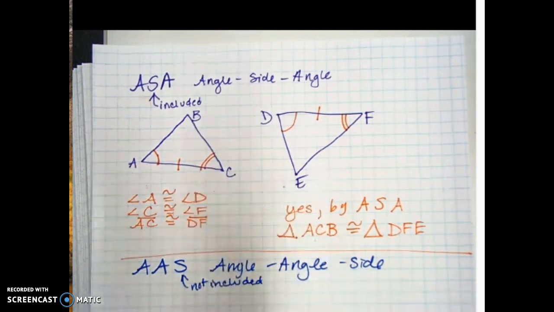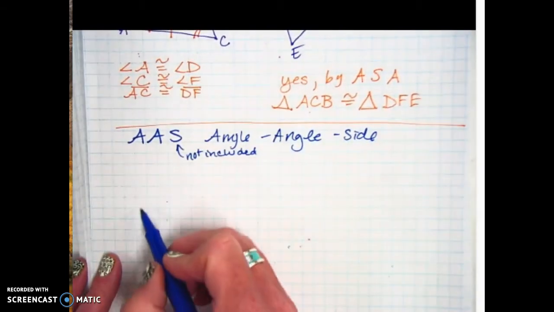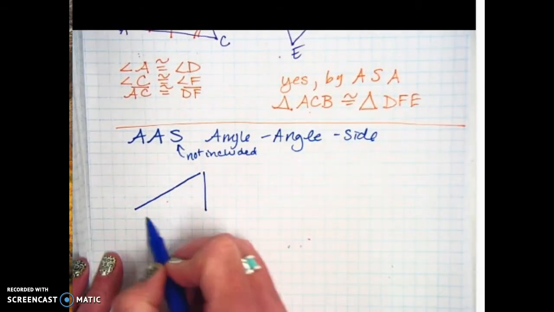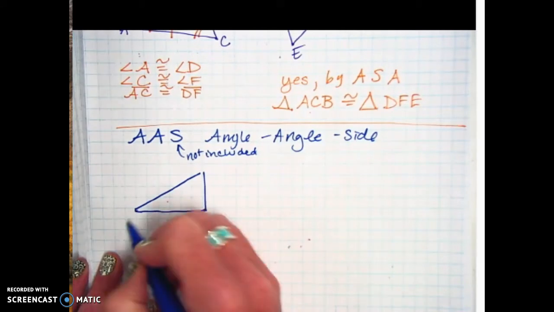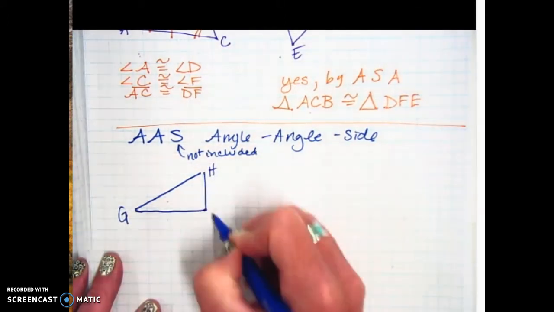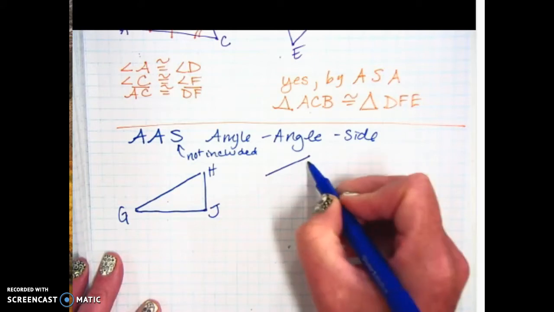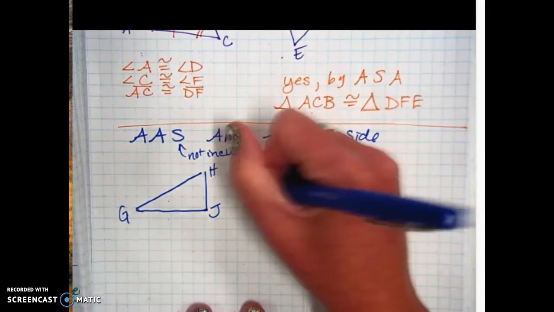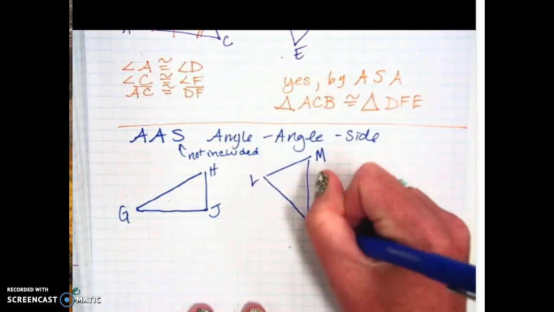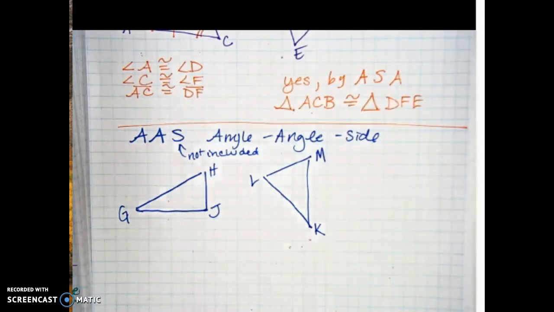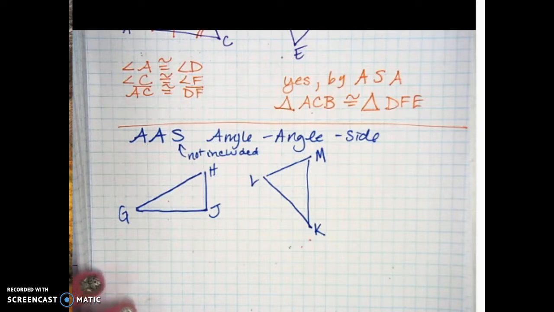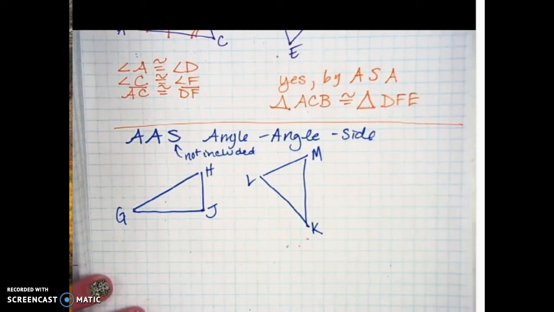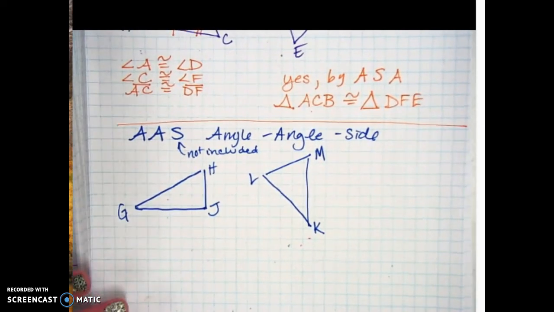So we're going to draw two triangles, just like with all of them. And so this one, we're going to just make our congruence marks.